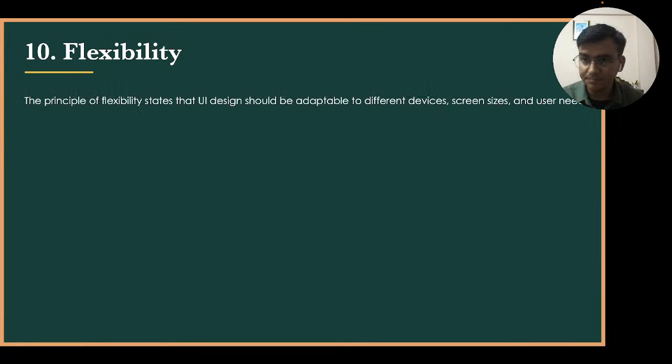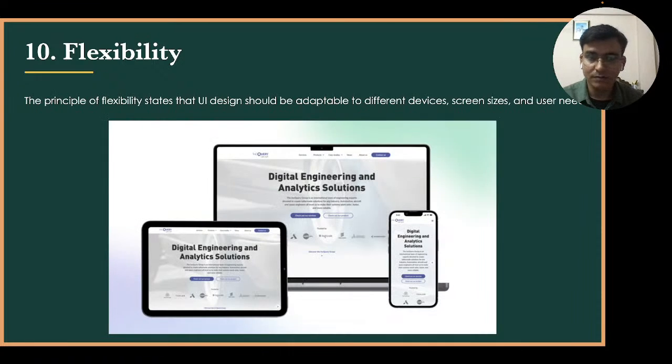Next is flexibility. The principle of flexibility states that the UI design should be adaptable to different devices, screen sizes, and user needs. All right. So the biggest example is responsiveness. Your design can be used in any screen size.